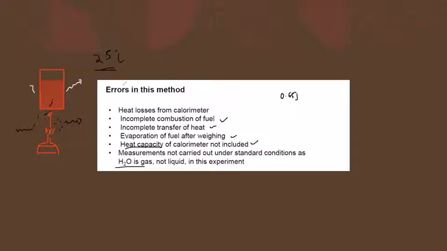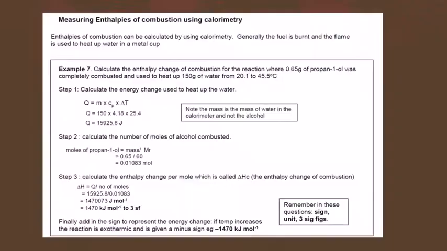Because according to standard conditions, when we are finding the enthalpy change, if we are burning propanol, prop means 3 carbons, C3H7OH, propanol. When it burns in the presence of oxygen, a complete combustion gives carbon dioxide and water.